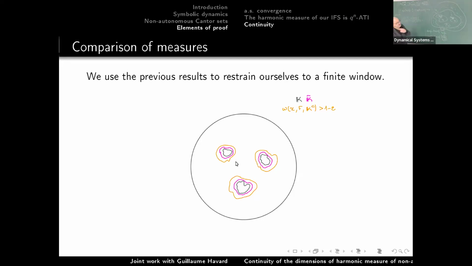Because if I prove this, then I get a control on the entropies, and there is just a big job to do to say that the entropies will be close also, which is not clear at all. And then we'll finish the proof with the previous proposition. There are many steps in the proof. This is a step that's easy to explain, so I will try to explain it at least.